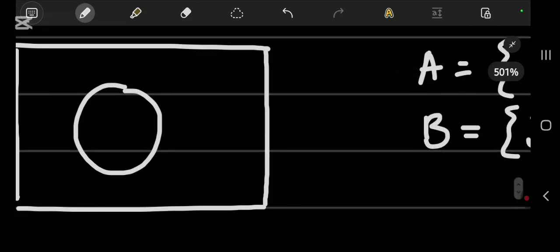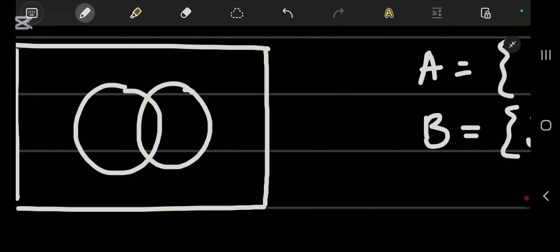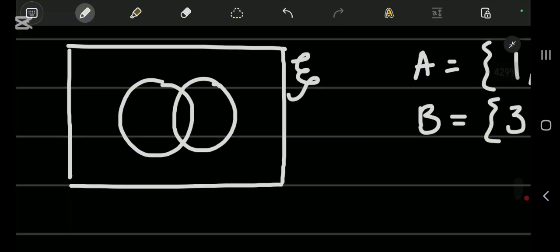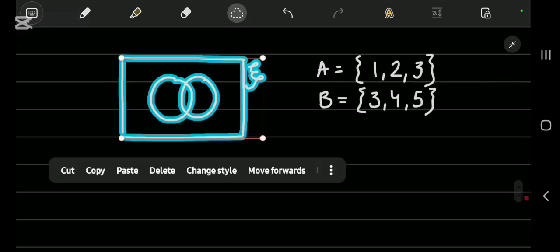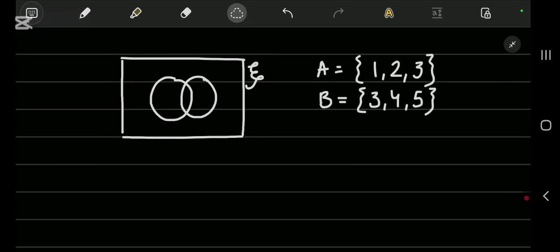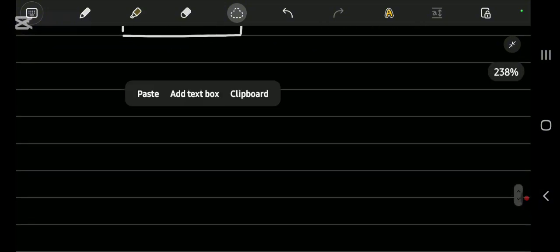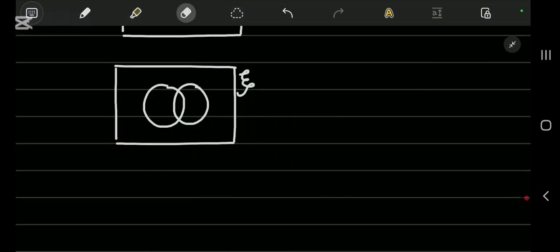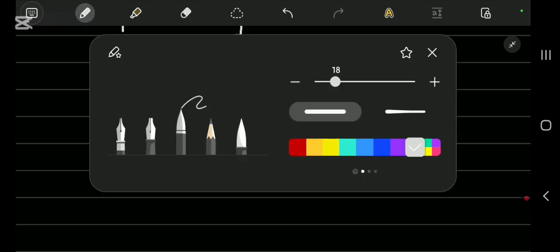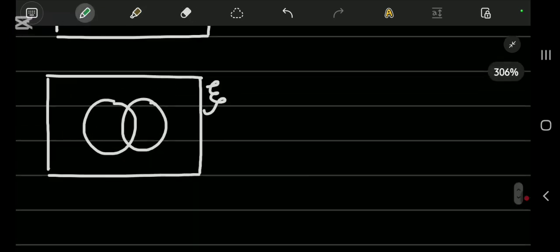So if you have two overlapping sets, how do you shade them? If you have A union B, I will copy the same example each time.